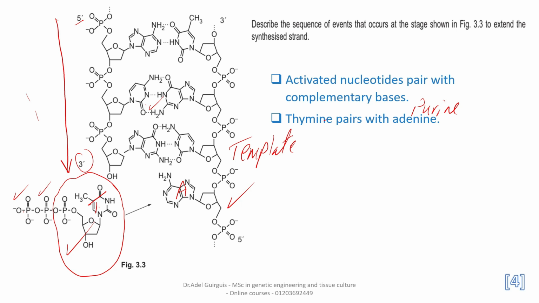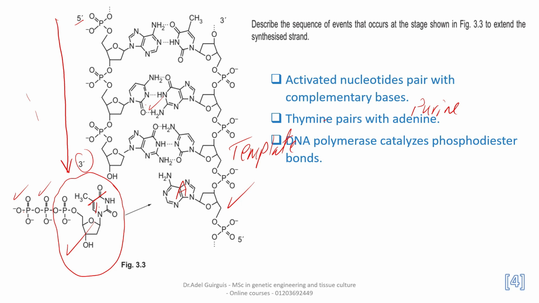So thymine pairs with adenine. How does this pairing take place? By forming hydrogen bonds. How many hydrogen bonds between thymine and adenine, or A and T? 2 hydrogen bonds. Then DNA polymerase catalyzes the phosphodiester bond.